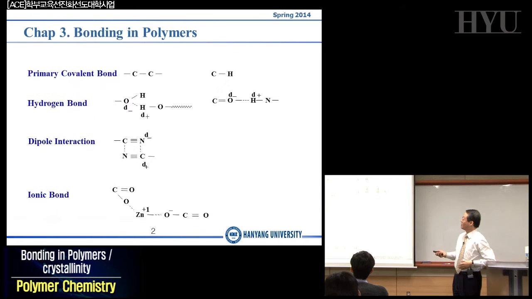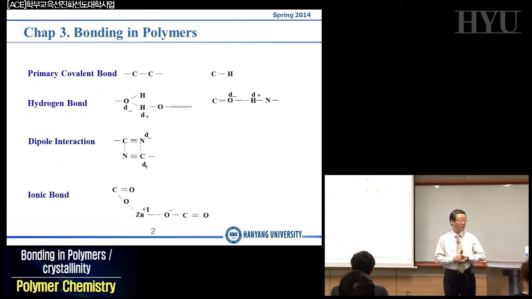As we have just talked about, we have primary bonding, such as a covalent bond. We have hydrogen bonding between the hydrogen and the partially positive charge. This is not D, but delta plus and delta minus, where you have a region rich in electrons.